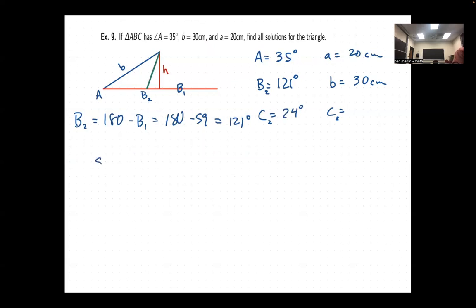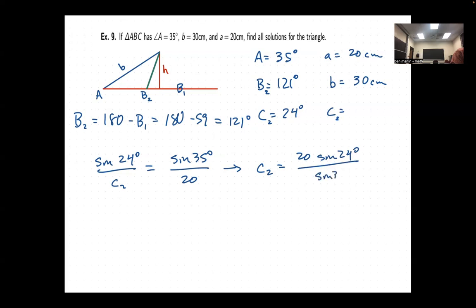And then you can write that the sine of 24 degrees over C2 needs to be equal to the sine of 35 degrees divided by 20. And that tells you that C2 needs to be 20 times the sine of 24 degrees divided by the sine of 35 degrees.